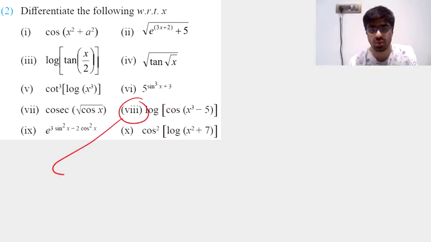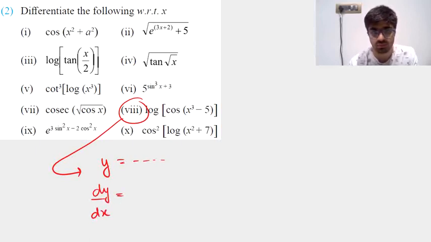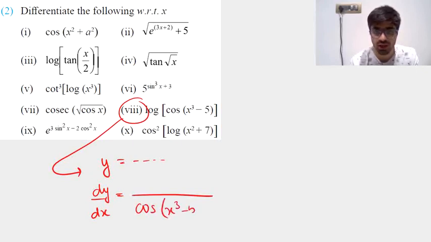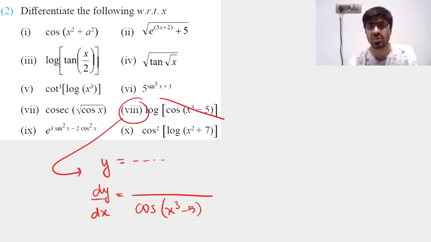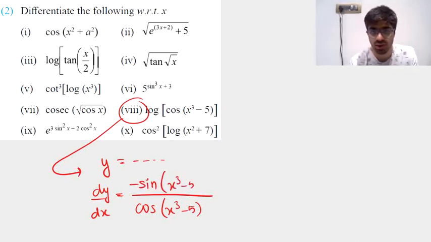Let's continue with the eighth one, where if this is the given function y, dy by dx will be, it's like log x. So the derivative is 1 upon x, which is cos of x cube minus 5. Further multiply with the derivative of cos of something, right? So the derivative will be minus sine of that something, that is minus sine of x cube minus 5.